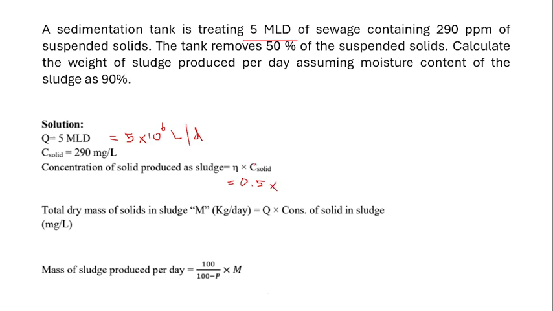So 0.5 into the concentration of the solids. What is the total amount of solids? 290 mg per liter. So it is 0.5 × 290, which is nothing but 145. Okay, so this is the concentration of the solids produced as the sludge.